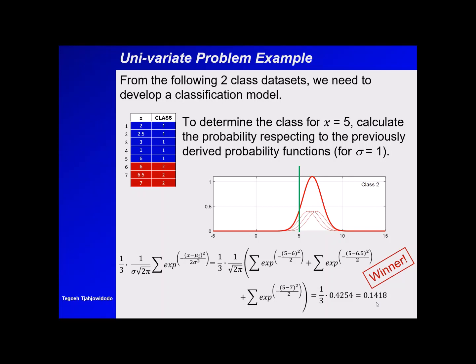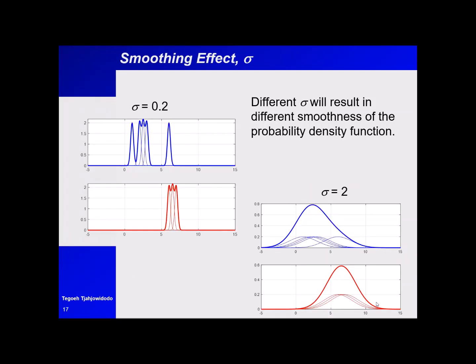Let's take a look here. So previously we just chose sigma equal to 1. What will happen if I choose a smaller sigma? If I choose sigma equal to 0.2, I will have this shape for class 1 PDFs. The estimated PDF of the population of class 2 will look like this. What will happen if I want to test it for X equal to 5?